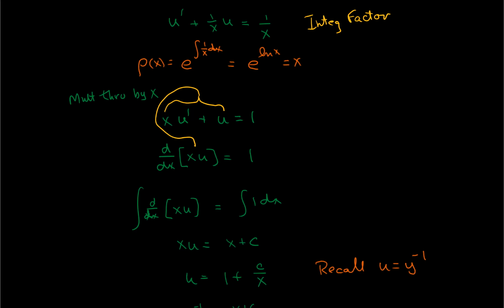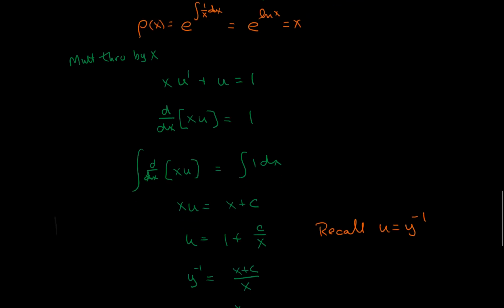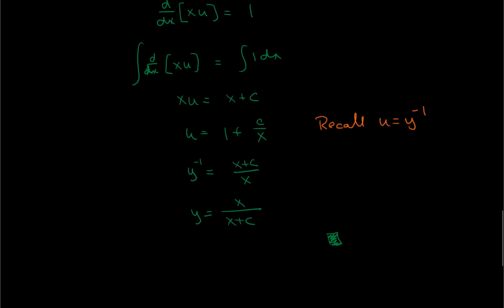So I'm going to rewrite that as the derivative of the product of those two terms equals 1. Integrate both sides. On the left-hand side, I'm going to have the integral of that derivative of x times u, and on the right-hand side, I'm going to have the integral of 1 dx. On the left side, the integral and the derivative cancel out, leaving us with u times x. And on the right-hand side, when you integrate 1 with respect to x, you get x plus c.